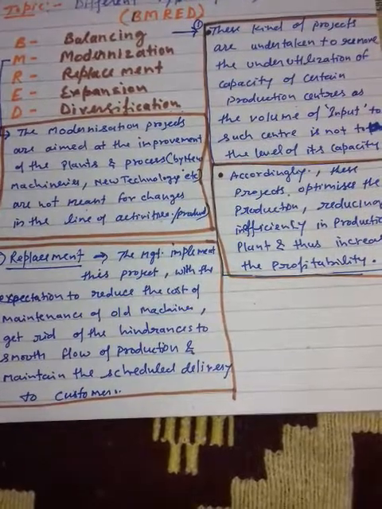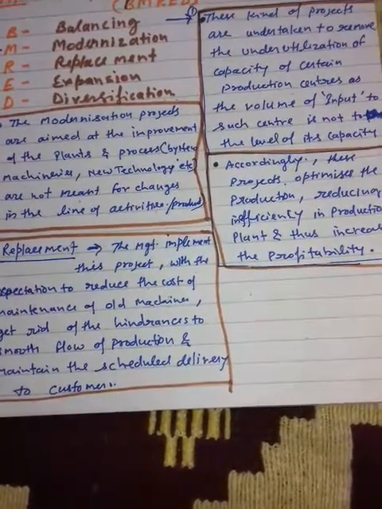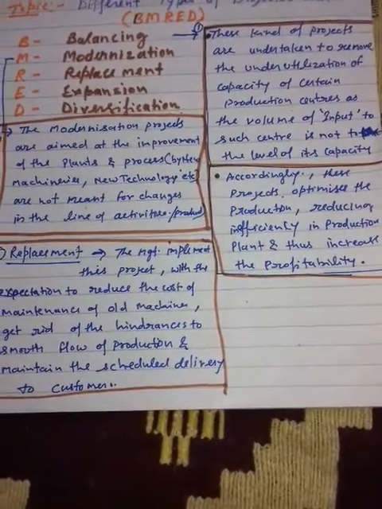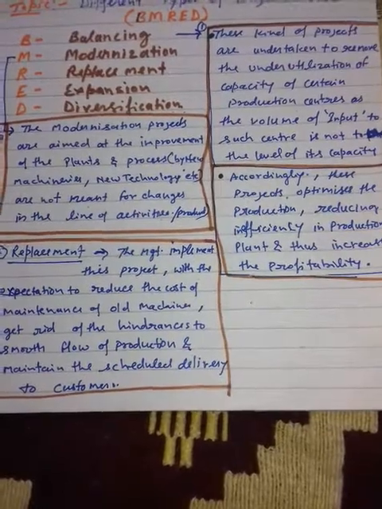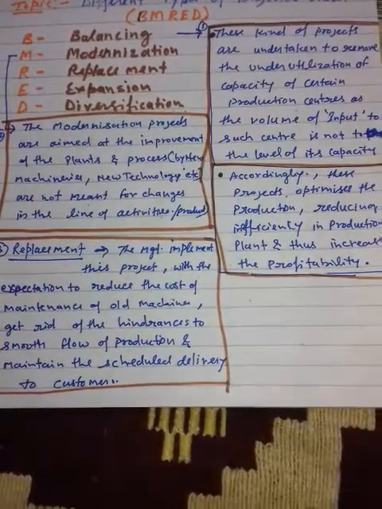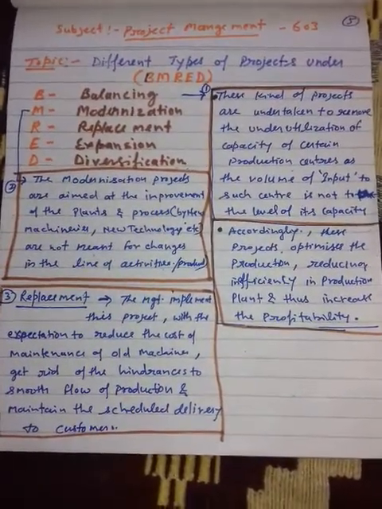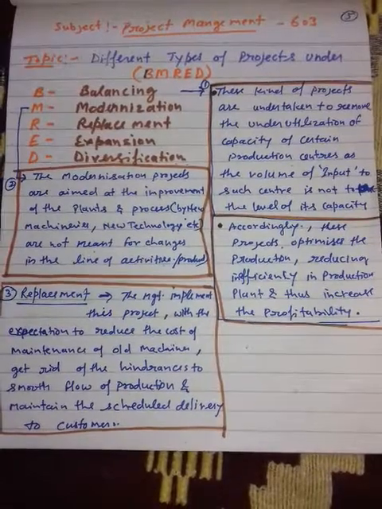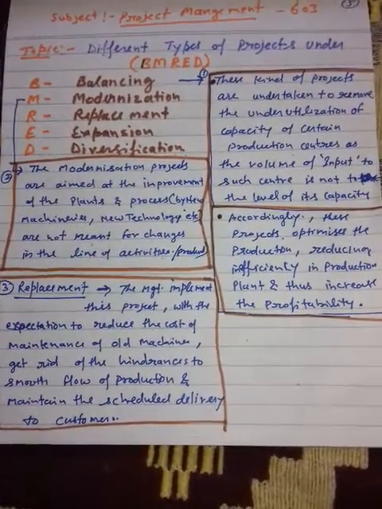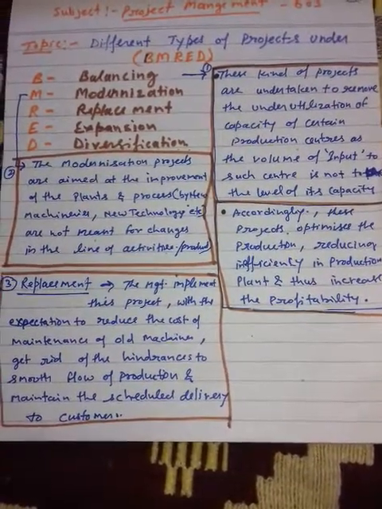The other important thing is the balancing project with forward integration. This may be a situation where a company would like to install additional capacity for further processing of its currently produced finished goods, and the new capacity to be installed should be balanced with the volume of finished production as output of the present plant.